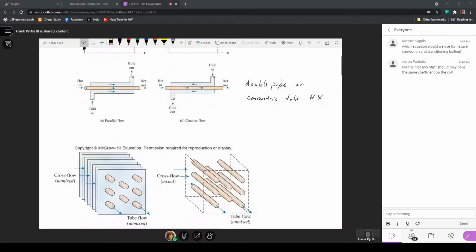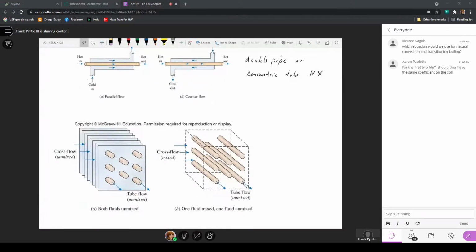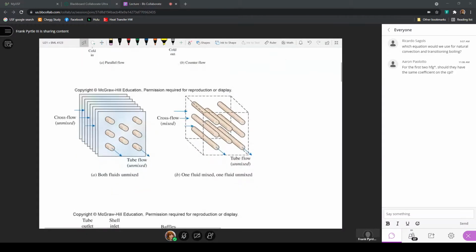Now, generally, we can group these heat exchangers into a few different types. Here, these two expressions are both considered to be what we call cross-flow heat exchangers. Cross-flow heat exchangers are the type of heat exchanger that the automobile radiator falls into.